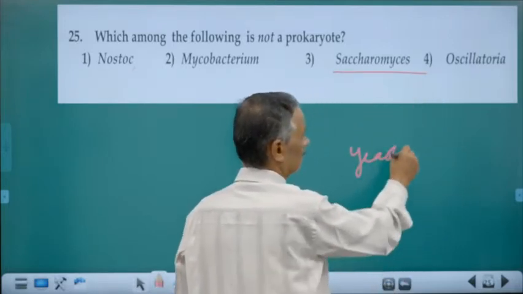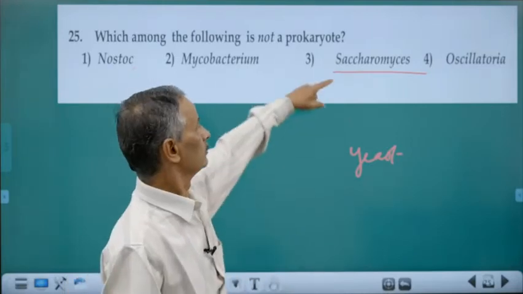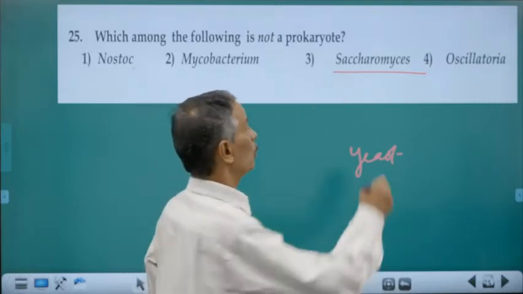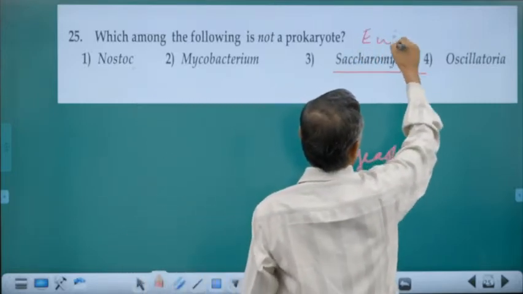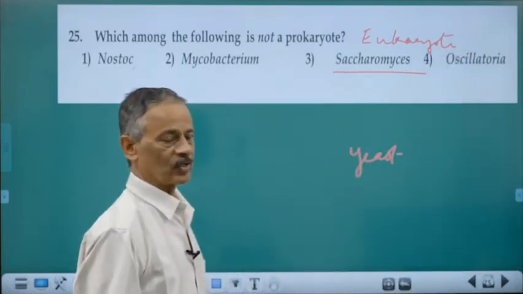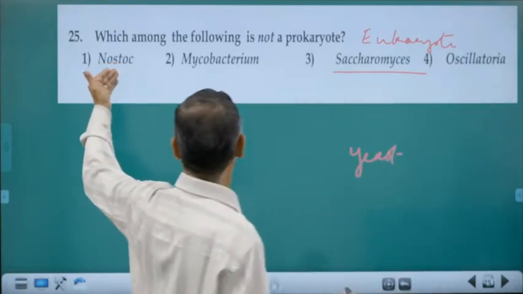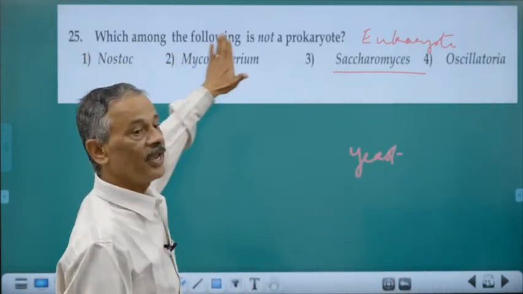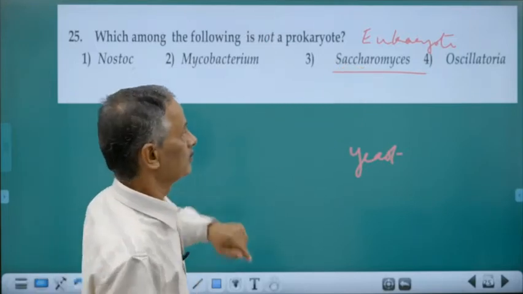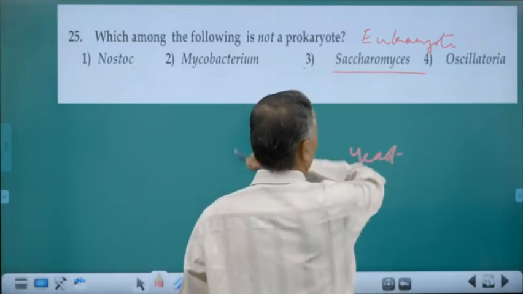The only single-celled fungus is yeast. That is a eukaryote having a well-defined nucleus with a nuclear membrane. Oscillatoria, just like Nostoc and Anabaena, is a blue-green alga, cyanobacteria. Okay, so the correct answer for this question is the yeast option.